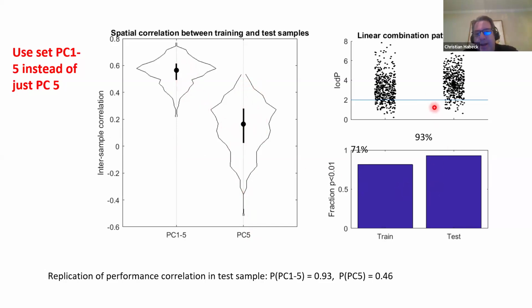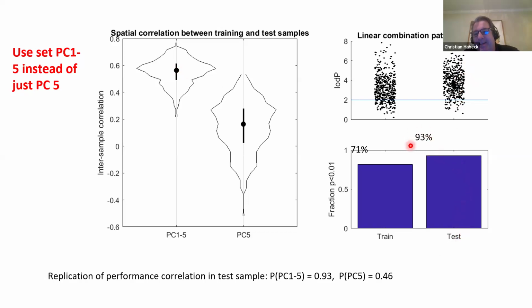Likewise, you could see here, this shifted a bit, but now if we take the linear combination pattern and look at its prediction of behavior out of sample, that's the test part. So we derive a pattern from the first 5 principal components in the training set and then see whether this pattern, when projected into the test set, still correlates with accuracy.